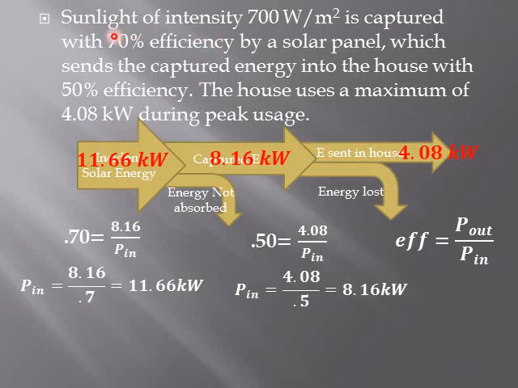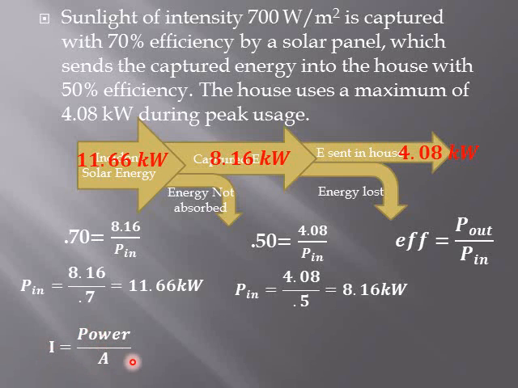The power per unit area, in other words the intensity, is 700, and the question is how much area do we need to take up in order to get 11,600 watts? So we're going to use our equation for intensity. Intensity equals power over area.